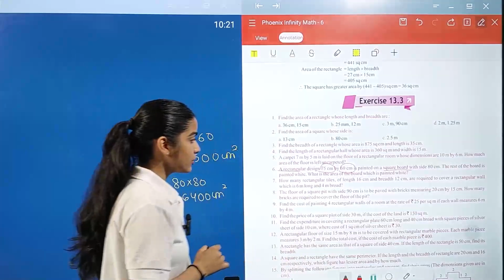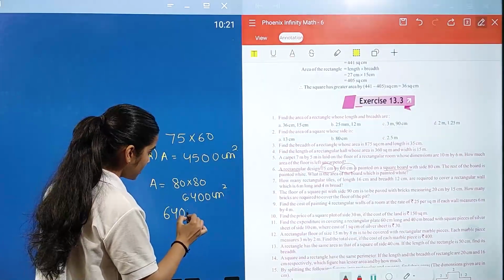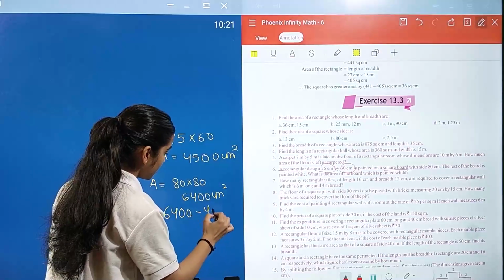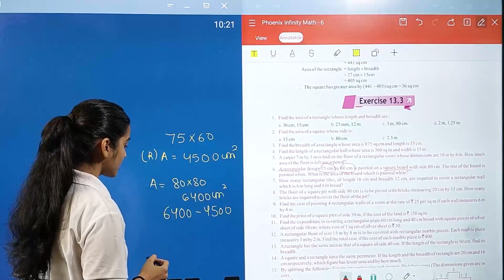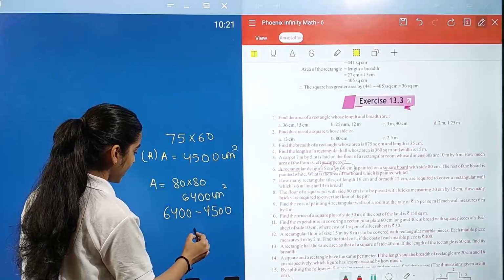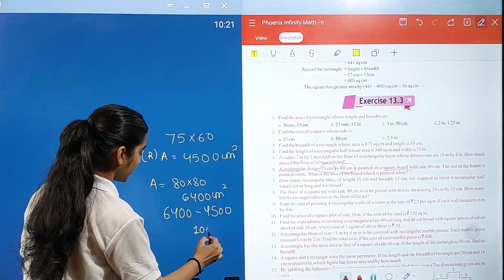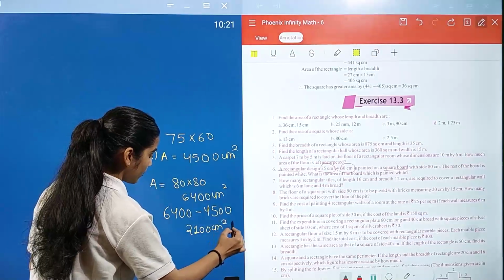What is the area of the board painted white? So what you have to do is subtract 4500 from 6400. You will have 1900 centimeter square, so this is the area which is painted white.